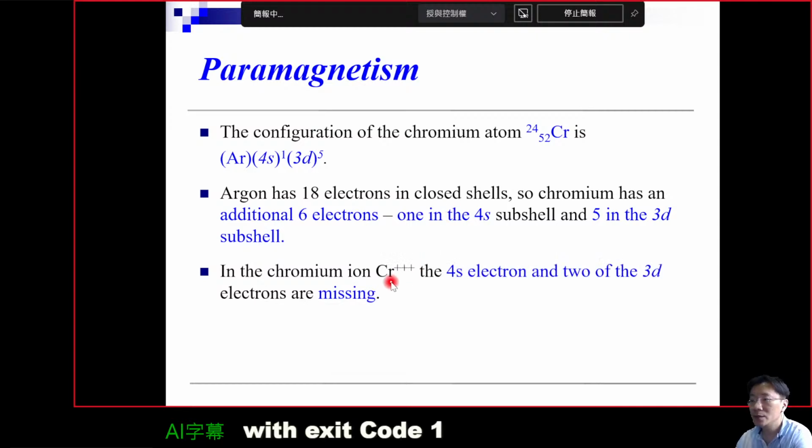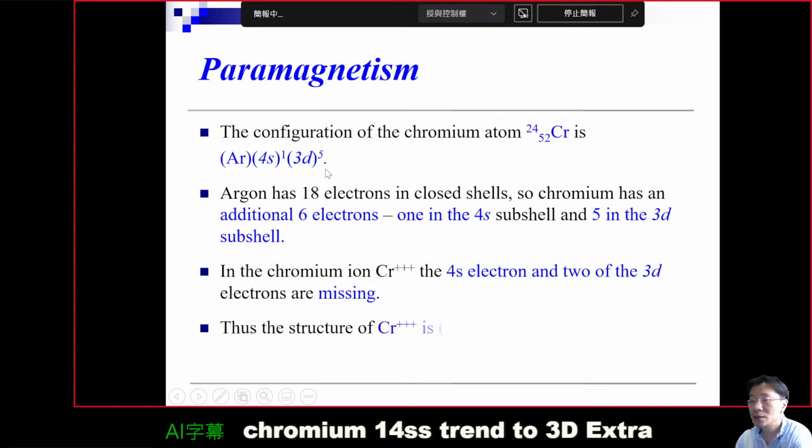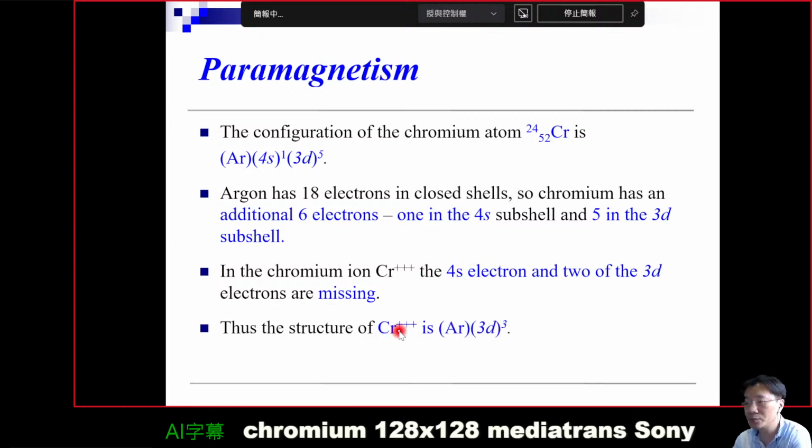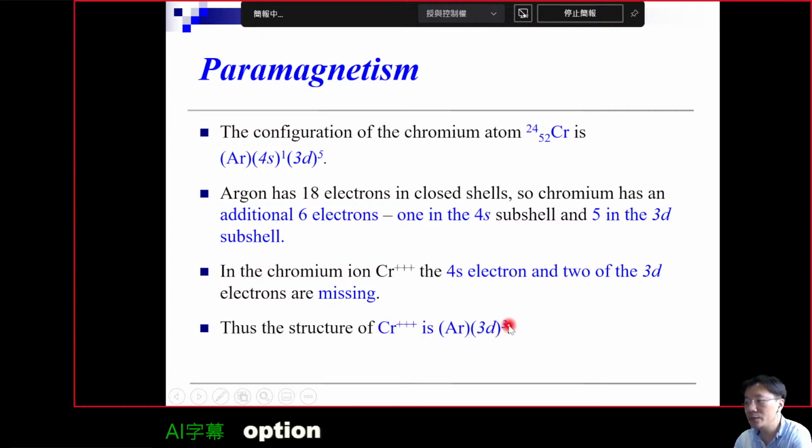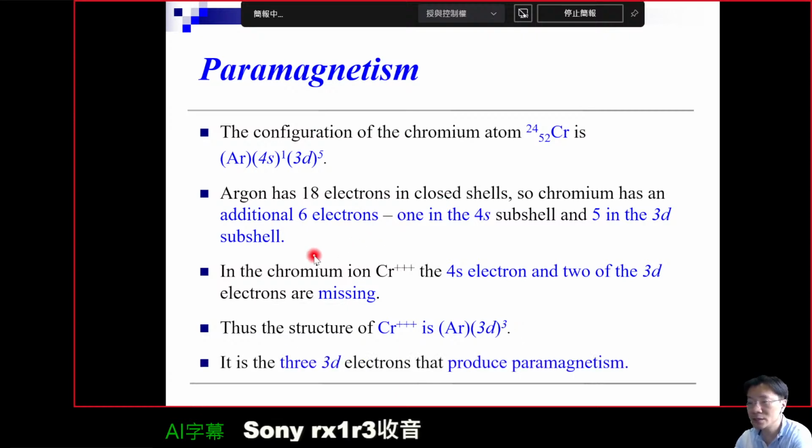The trivalent chromium will remove 1 4s electron and 2 3d electrons. So the electron configuration will be Ar 3d3. In this case, these 3d electrons will produce paramagnetism.